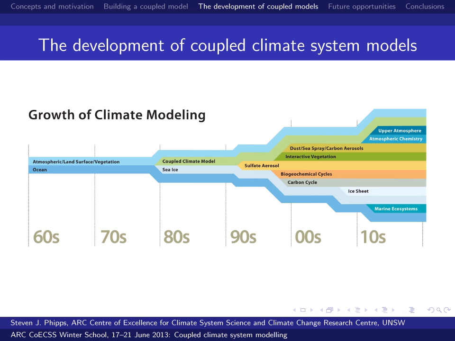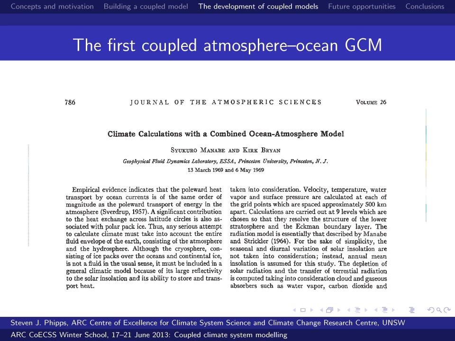The first global coupled model. Well, I was surprised. No one's feeling brave? Okay. I'll put you out of your misery. I assumed it was probably 1980s, like maybe 85, something like that. You know, actually it was 1969. So amazing. So coupled climate system modelling's been going for about 44 years now.